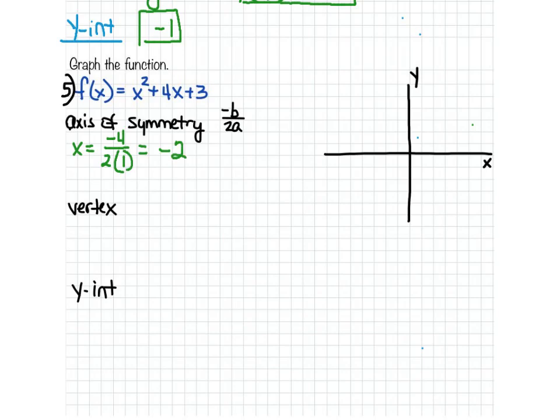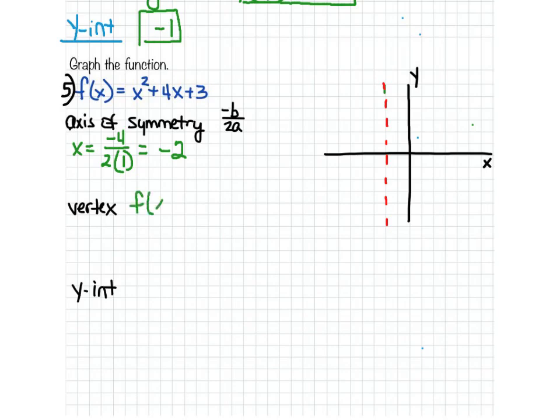So I can go ahead and draw, I'm going to draw that line in red so that you can visualize it. You don't need to draw it at first, but I suggest that you do, so it helps you see where the center for the mirror image is. Okay, so now we need to find the vertex, and to find the vertex, we will plug in negative 2 for x.